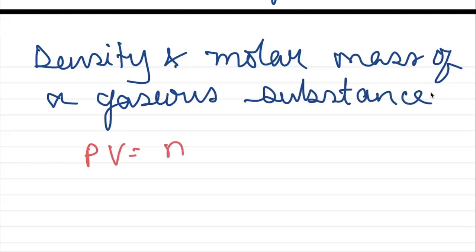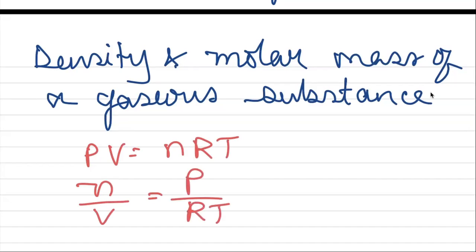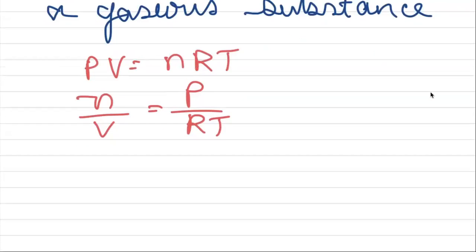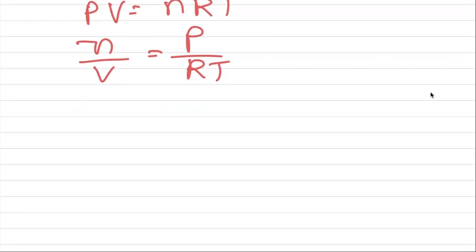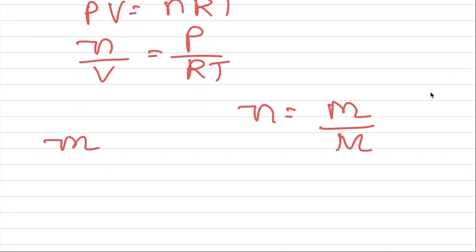PV equals nRT. We can write the equation like this: n by V equals P by RT. Now replacing n equals small m by capital M, where m is the given mass and M is the molar mass of the gas.